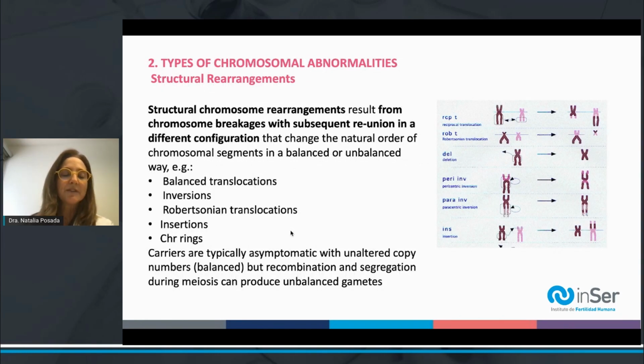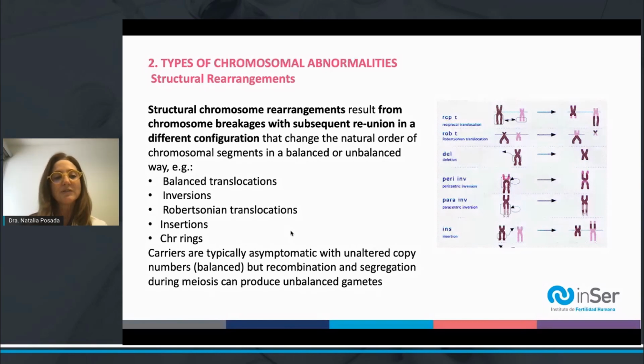Finally, we have structural rearrangements, which also are due to abnormal correction of chromosome breakages, in which there's a subsequent reunion of the fragment but in a different configuration that changes the natural order of the chromosome segments. So we may have balanced or unbalanced structural rearrangements. Examples of these are balanced translocations and inversions, which are, as the name says, usually balanced.